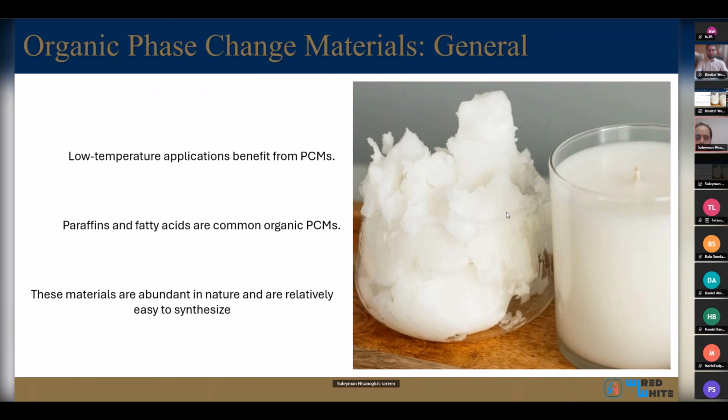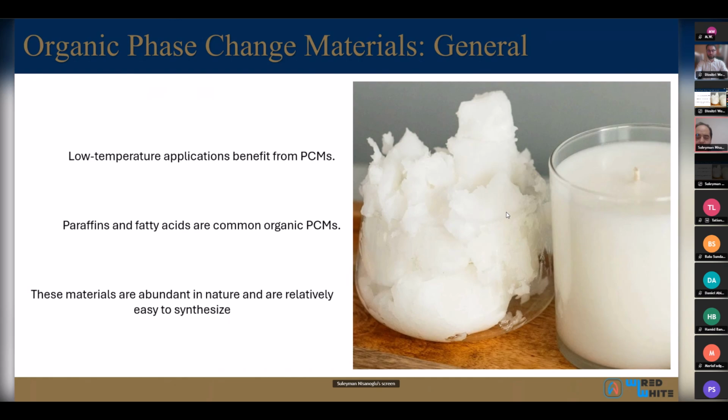They are widely used in solar energy systems, especially residential hot water production. The most well-known organic phase change materials are alkanes, such as paraffin, and fatty acids.